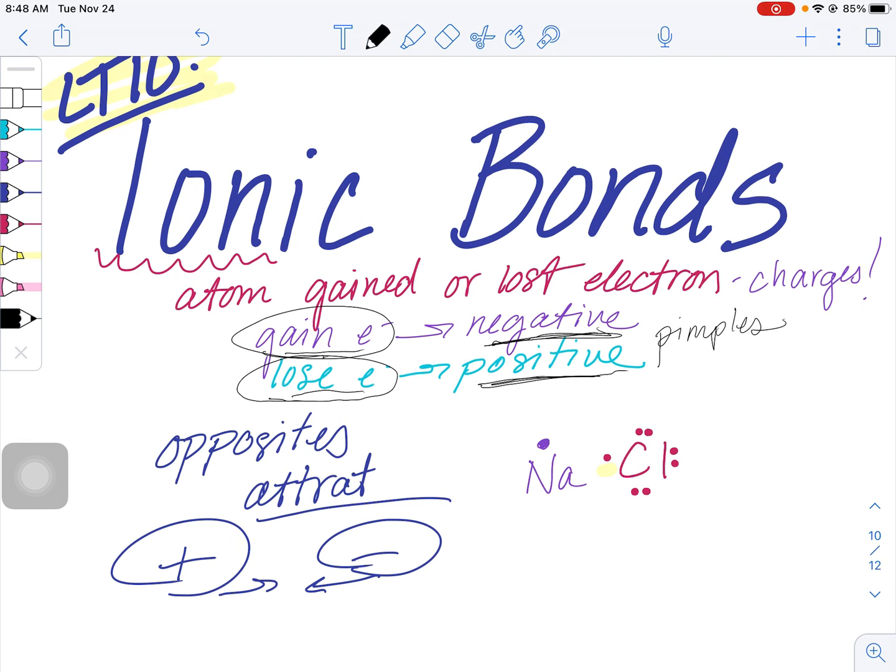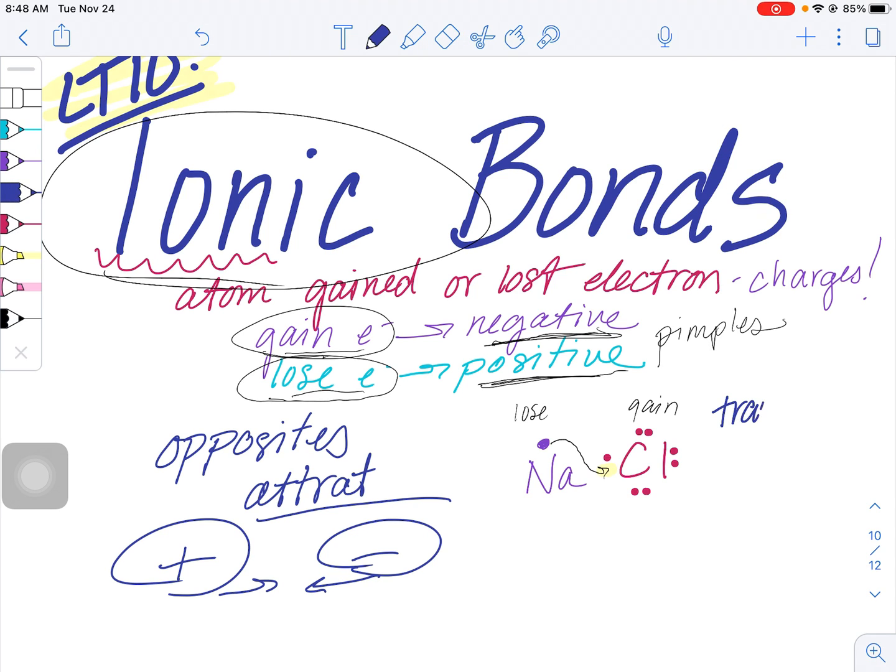And because I have one element that wants to lose and one element that wants to gain, an ionic bond is sure to happen. This sodium is going to transfer, that's our key word here, its electron from the sodium to the chlorine right into that specific location.